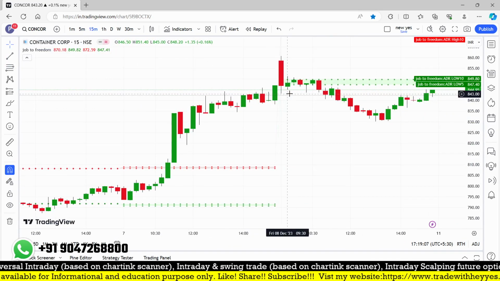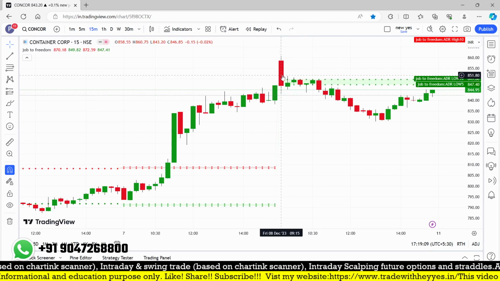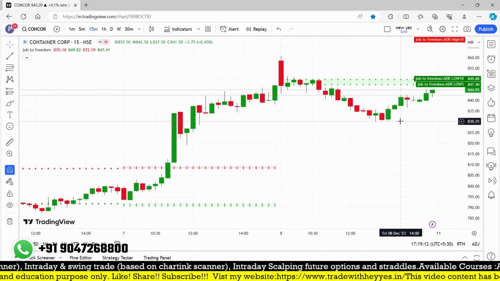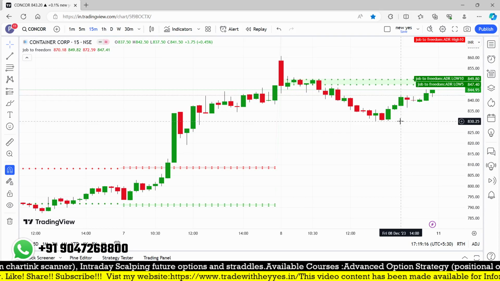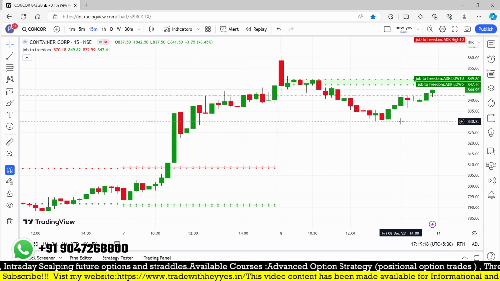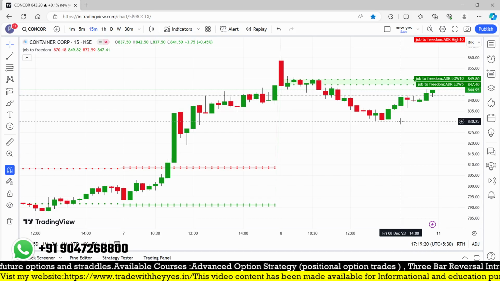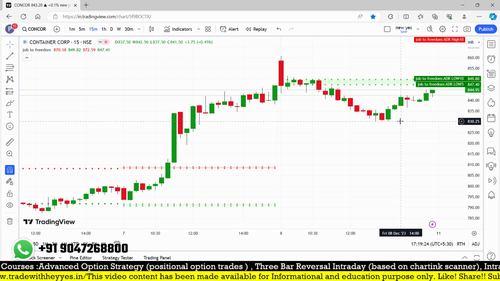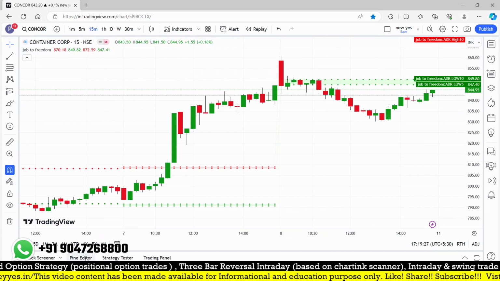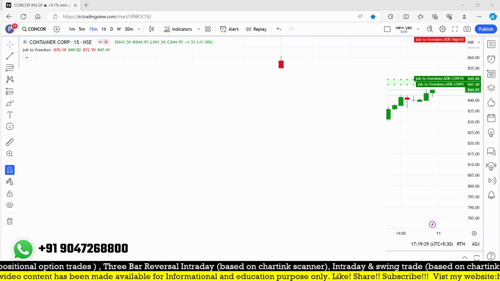If I'm looking for the low to break, it is around 843. From 843, it came down to 830, almost 13 points. So we are planning to take 1 or 2 rupees, very quick scalping in options, that is giving you, after it breaks the low, such good opportunities by using that ADR method.